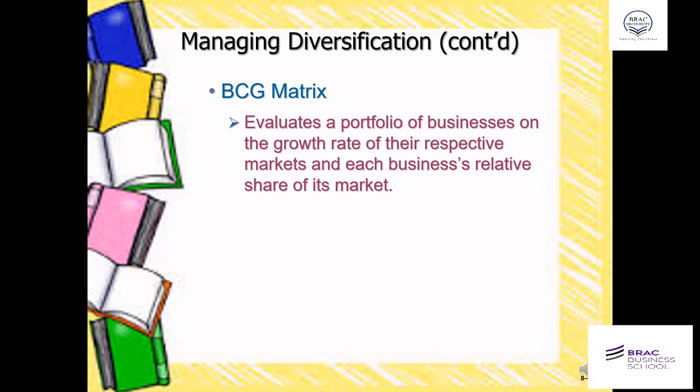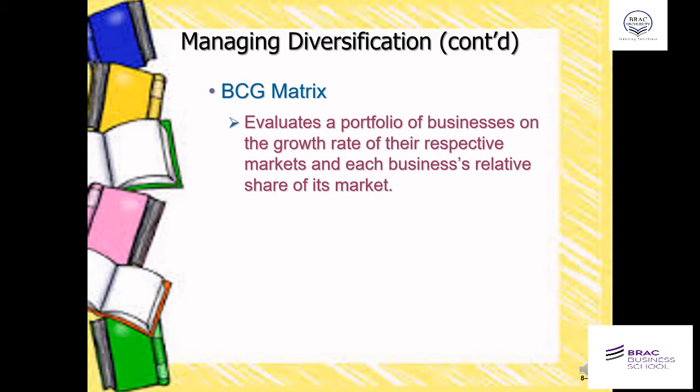So the BCG matrix is formulated from two parameters. One is growth rate, another one is market share. So what is the meaning of growth rate? It means how rapidly the business is expanding its operation.